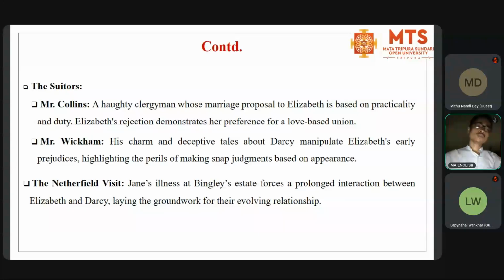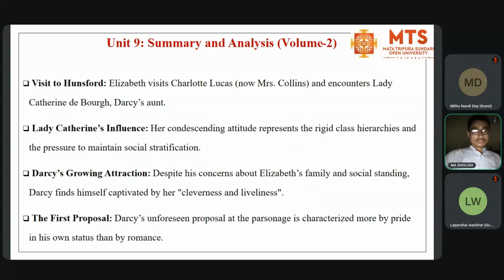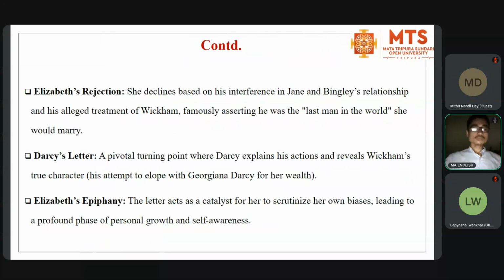Telling him, Mr. Darcy, you are very proud, you insult me, you insult my family, I reject your proposal. Okay, this is the first proposal, and it was rejected.